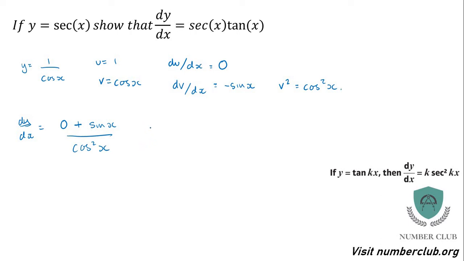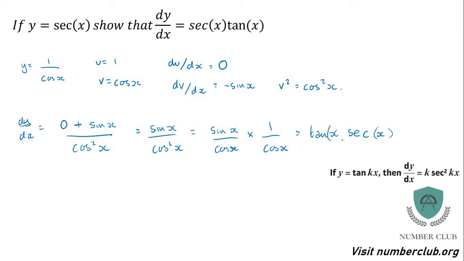Okay, and all we need to do now is we've got sine of x over cos squared x. That is the derivative. We just need to make sure that we can make it look a bit like that. And the way to do that is to break it up into sine of x over cos of x multiplied by 1 over cos of x, which is equal to tan x sec x.